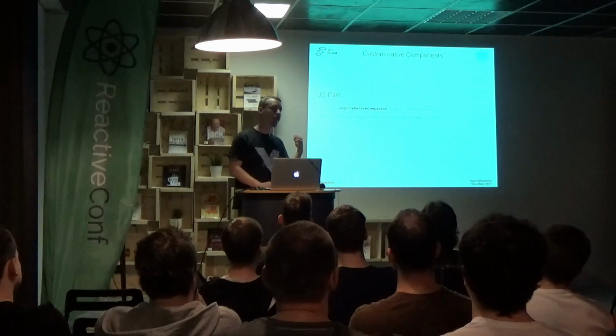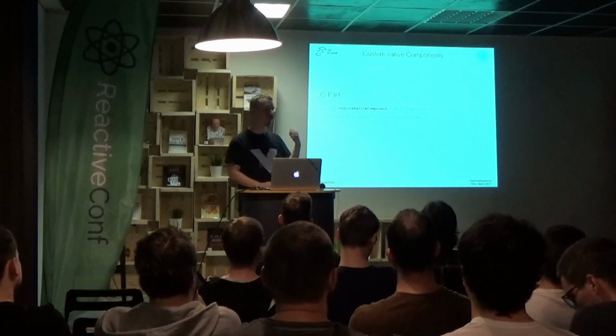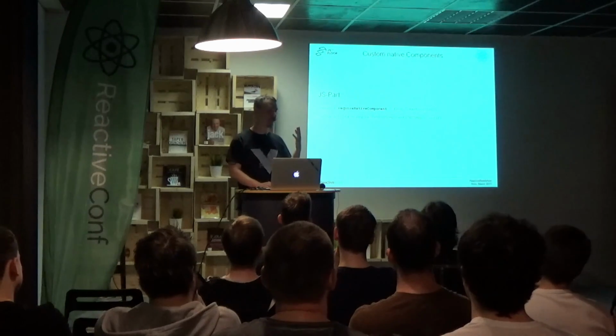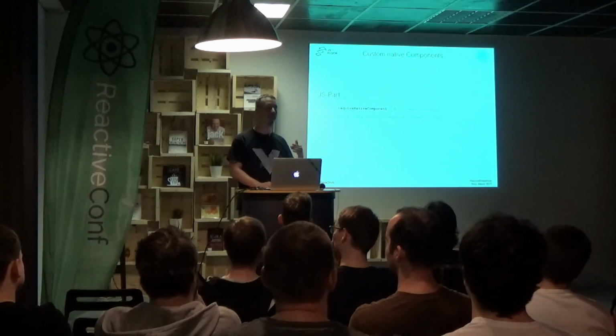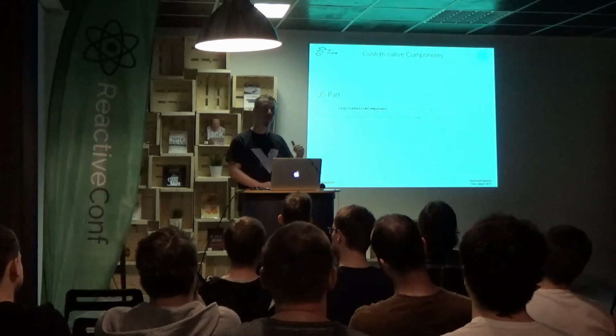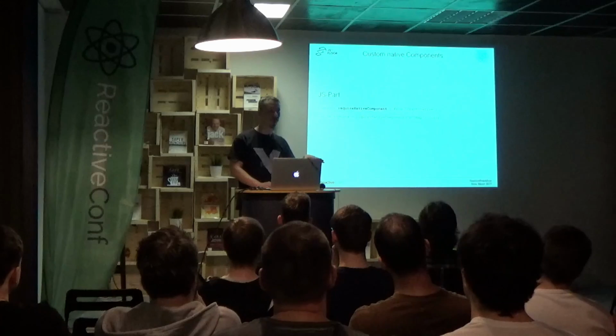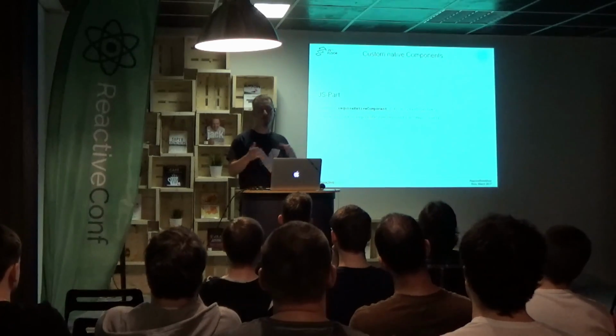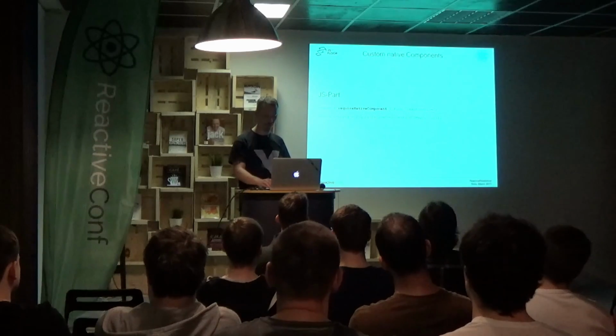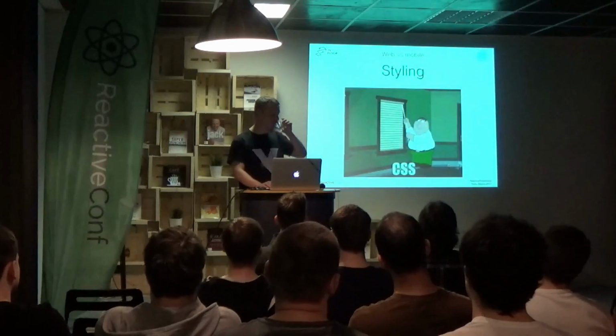So with that, there are also libraries that enable people to write their custom native components. So in the ecosystem for React Native, you'll find JavaScript-only components, as well as real native components that you can use.